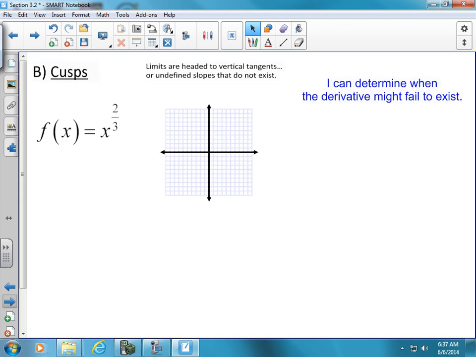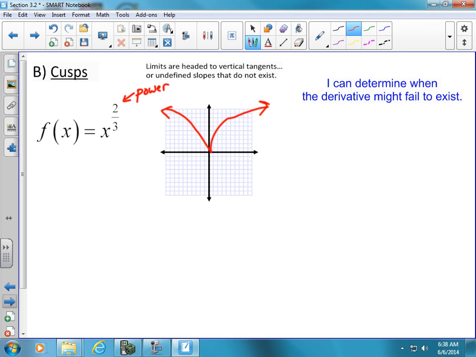Okay, let's look at a cusp. A cusp is a butterfly function. So this is what a cusp looks like. It's typically a rational function. Remember when you have a rational exponent, you have power over root.